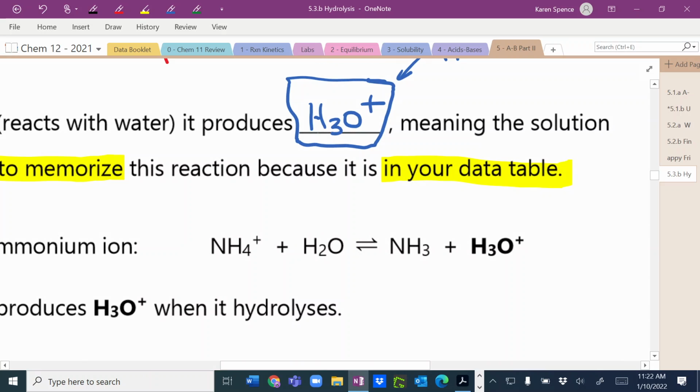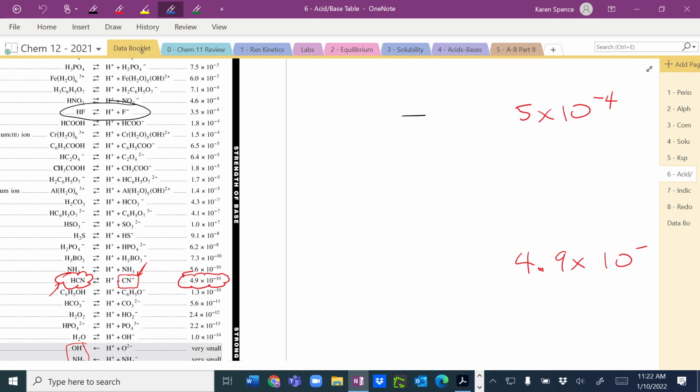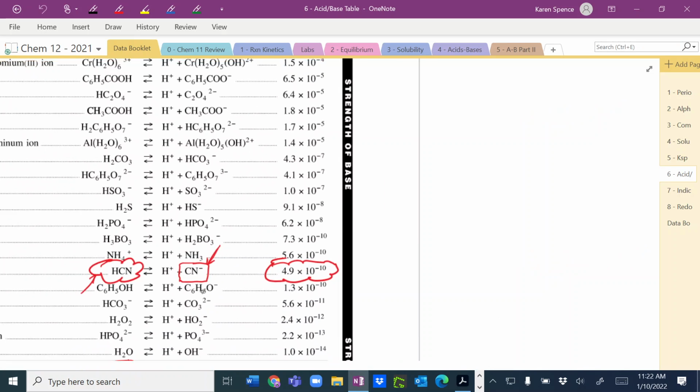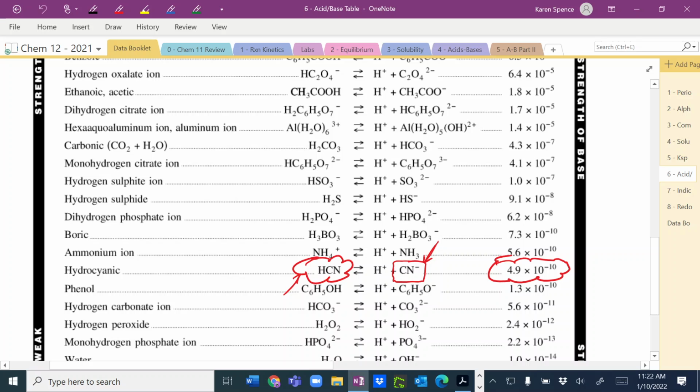I'm hoping you are familiar enough with ammonium that you will look for it if you don't know what to do with it. Again, you can just look it up on your data table. Oh, there it is right there. It becomes NH3 and it gives away a proton.